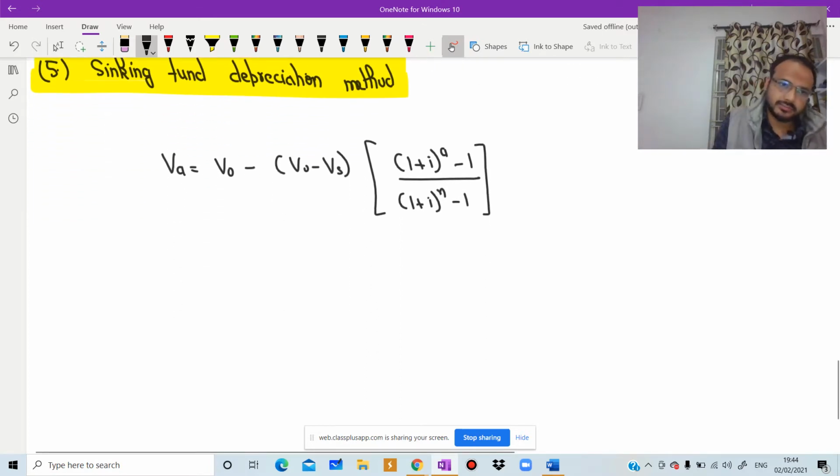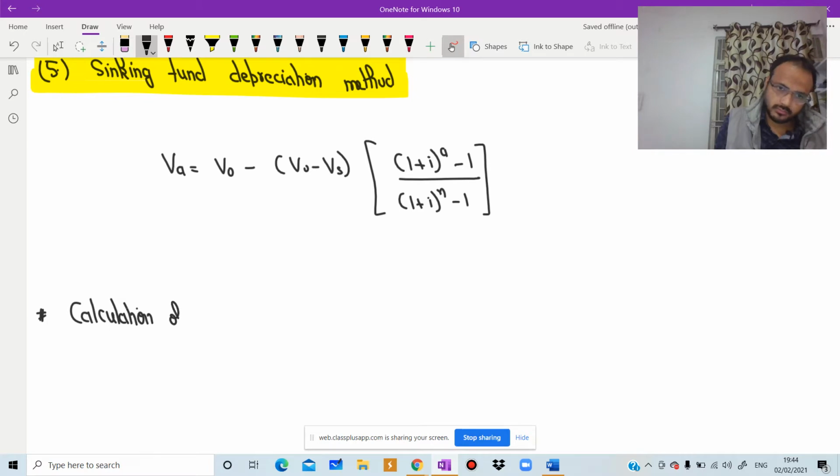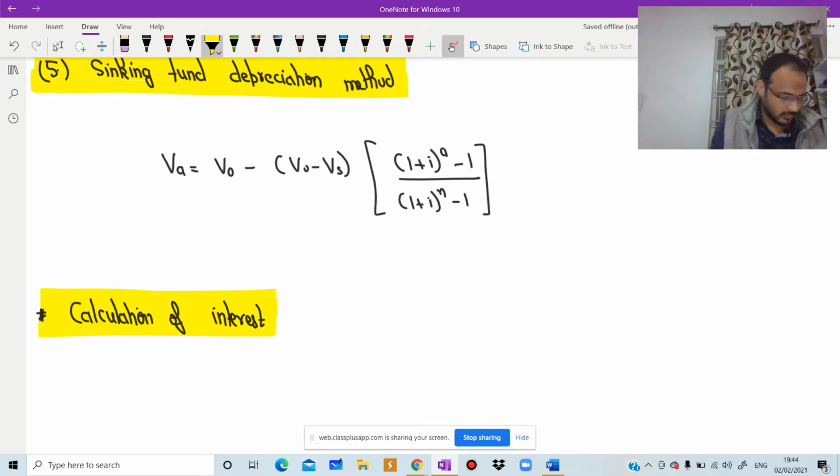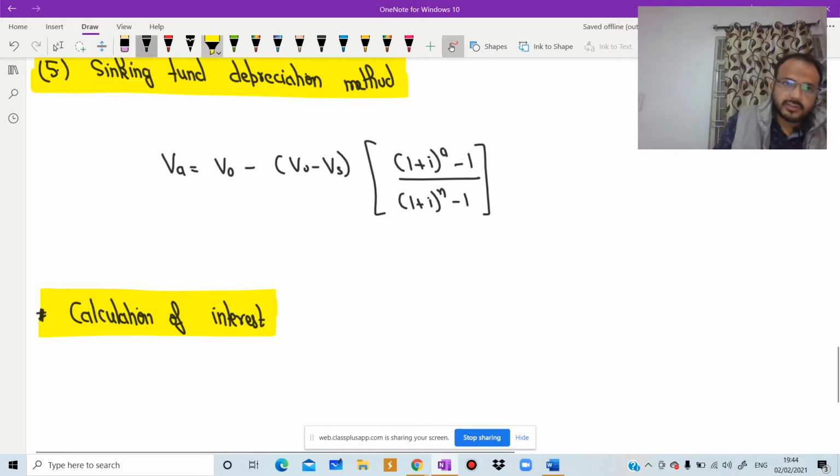Next is calculation of interest. First one is simple interest.